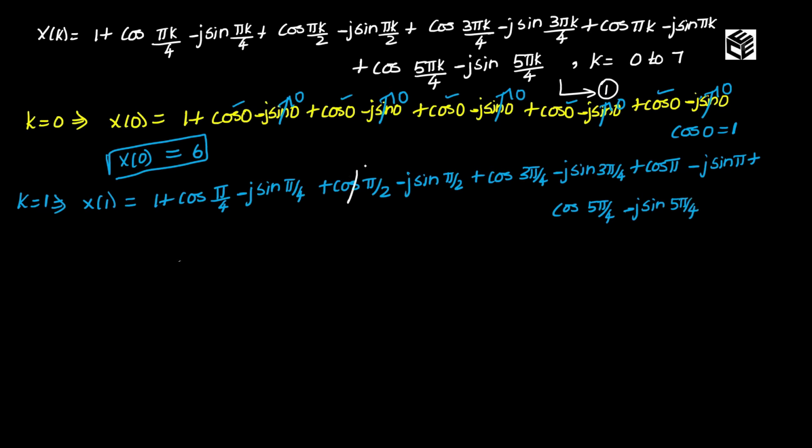Here the value of cos pi by 2 is 0. Similarly, the value of sin pi is 0. Okay, I am going to do the calculation for the remaining parameters in calc.